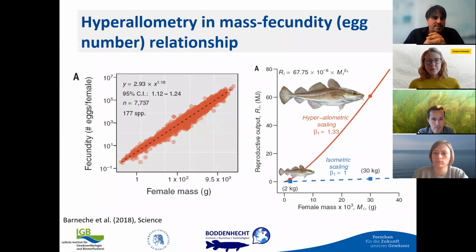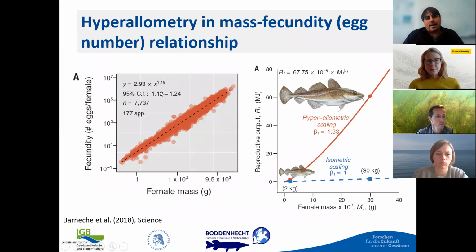This research has seen a spike more recently, for example, through Barneche's paper. I think Jan Doyle mentioned it, where he looked at over 300 marine fish species in terms of the relationship between mass, the measure of length, and the fecundity of fish. Typically you assume that this is a linear relationship, but they showed that there's actually an exponential relationship because the exponent is significantly larger than 1.